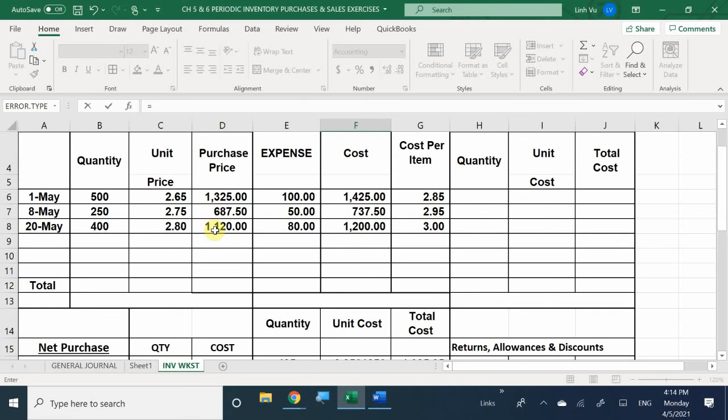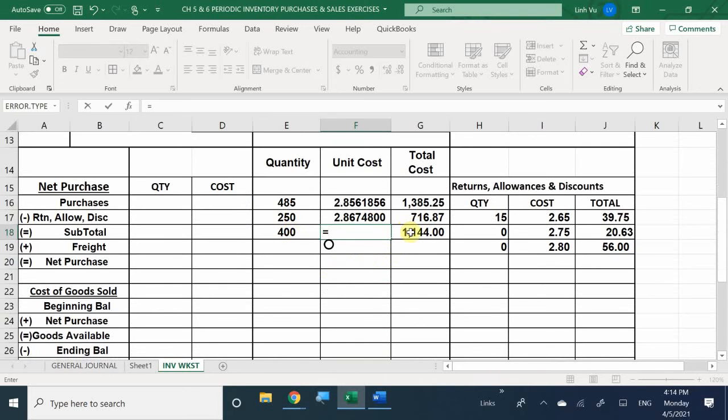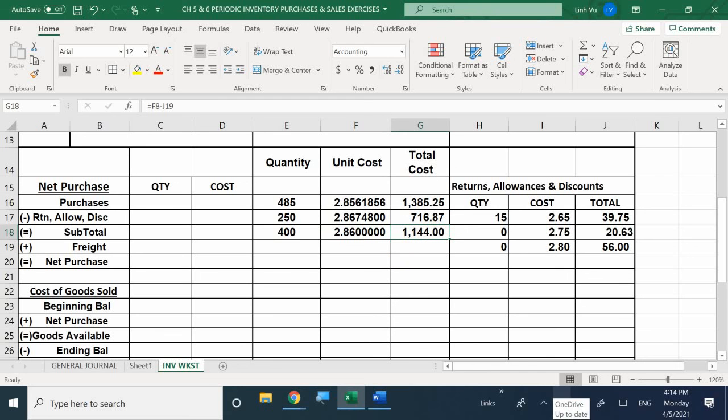Minus 56. All right. Then I add my $80, so therefore I'm at a grand total of $1,144 even. Okay. So now I have to resolve for my cost per item to be a total of now $2.86 even, perfect. Okay, so remember, this is discounted now. All right, there it is.